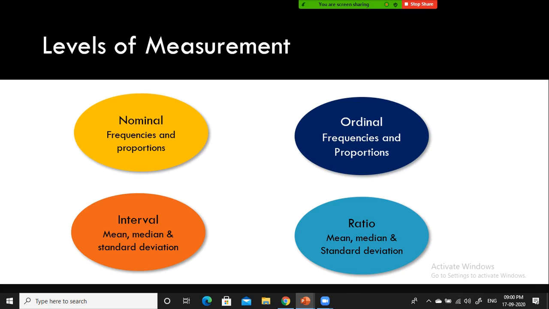In the case of nominal, take the same example, the gender column, or another example is region. You have a column called region. In the region, you have north region, south region, east region, west region. And you have something called marital status, whether they are married or not.